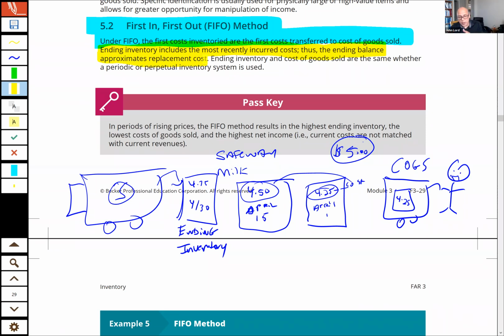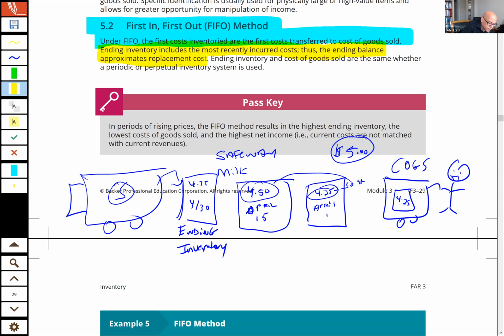If the Safeway truck backed up and crushed all those milks that were sitting there at the back of the freezer, how much would it cost them to replace those? $475. So when you do your little lower cost or market, there's probably not going to be much difference under the FIFO method because the items that you're including in ending inventory are pretty much at the current replacement cost.